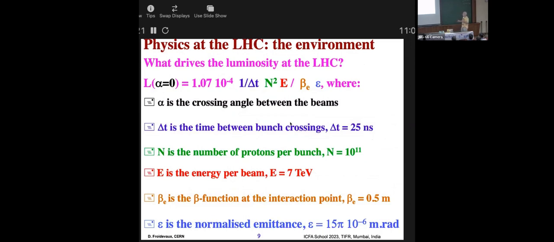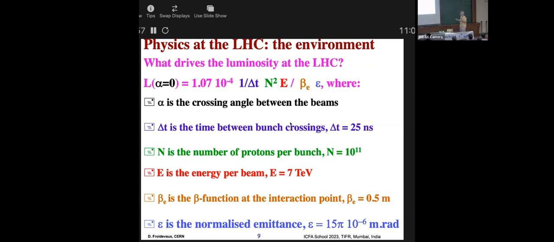If the beams have zero crossing angle, then one can write down the luminosity in a simple formula, let's say for designing an experiment, where you need to know the distance between bunch crossings, delta T, 25 nanoseconds, the number of protons in each bunch, about 10 to the 11, the energy of the beam, and a function called the beta function at the interaction point, which gives you the size of the beam transverse to the beam direction. So the smaller the size of the beam, the more intense the interactions will be.